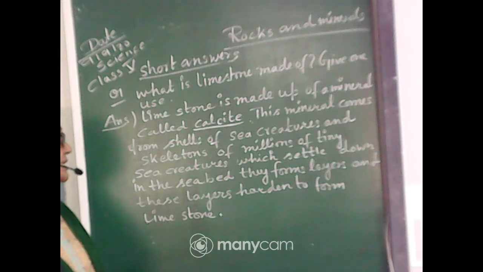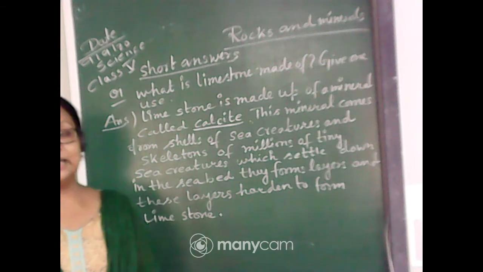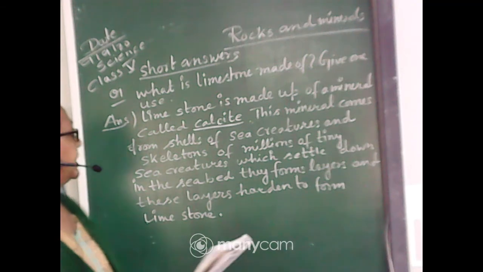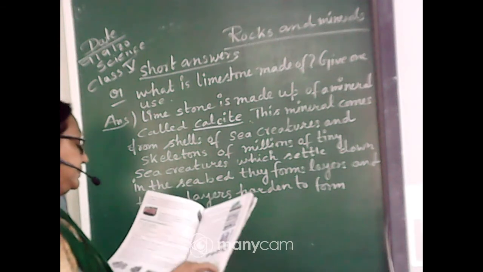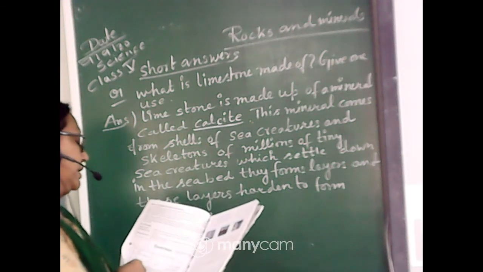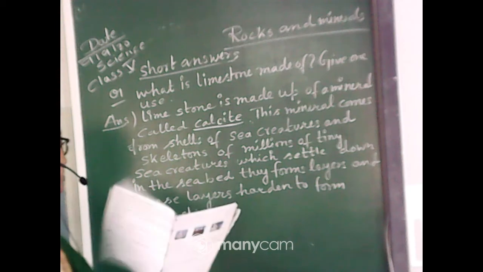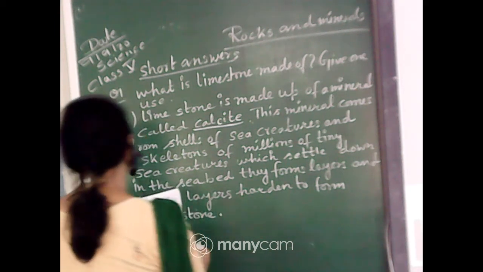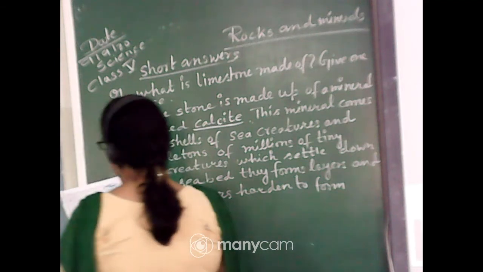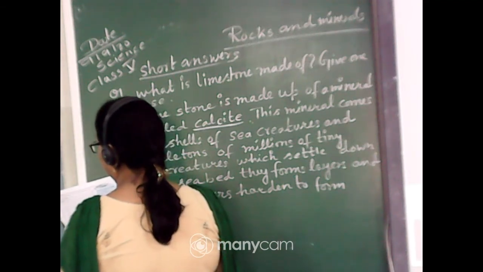They form layers and these layers harden to form limestone. And the second part of the question is, give a use of limestone. So what is the use? Limestone is used for making glass and separating pure metals from their ores.